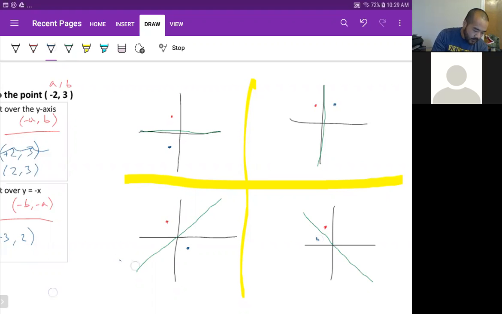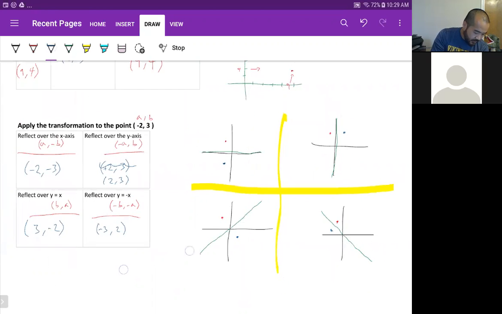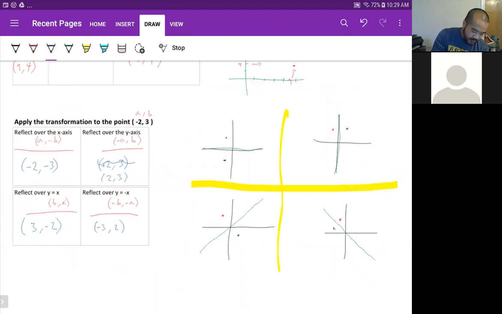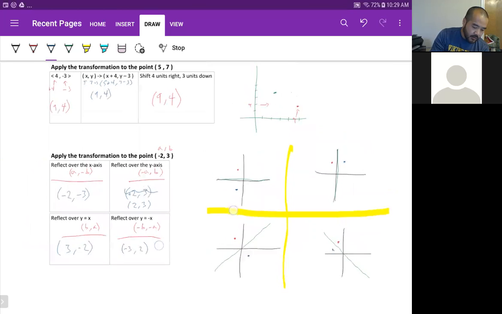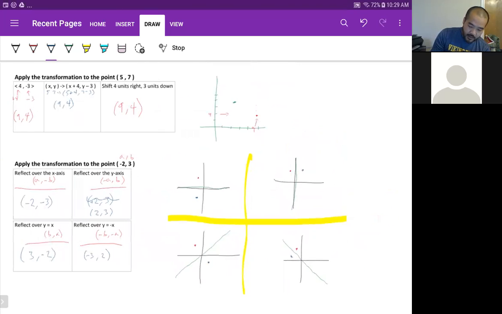Can I verify that? -2, -3, yes. 2, 3, yes. 3, -2, yes. -3, +2, yes. So these pictures correspond to these here. And that is that.